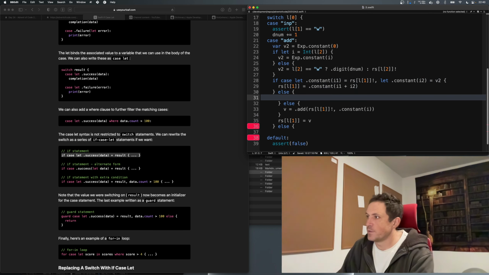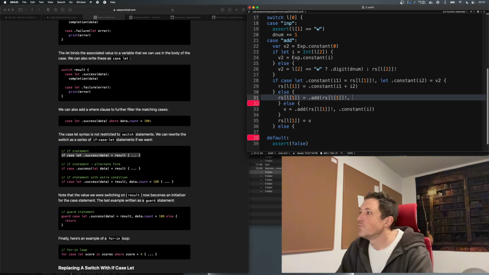I mean, I guess we could have done this with a conditional, but L1 add L1 bang and what V2, right?